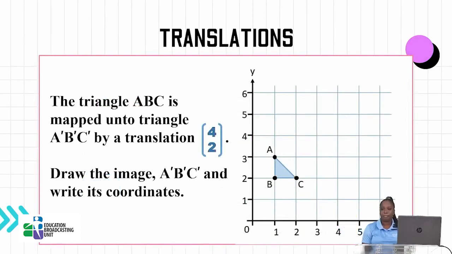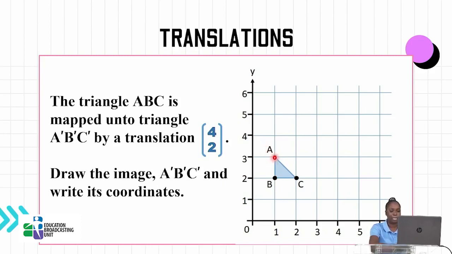Here we have another example, triangle ABC. Triangle ABC is mapped onto triangle A prime, B prime, C prime by a translation 4, 2. This question wants us to draw the image, which is A prime, B prime, C prime, and write its coordinates. And so, for every point, point A, point B, point C, we are going to translate each of those points.